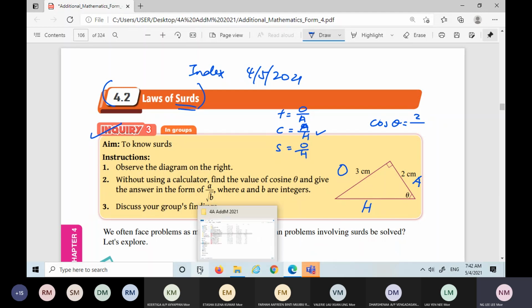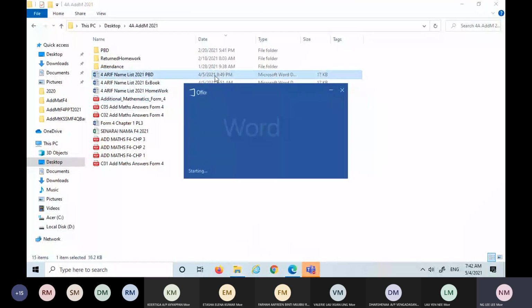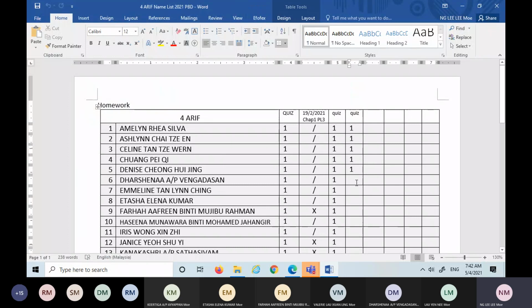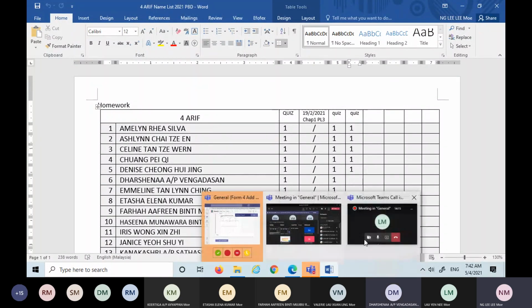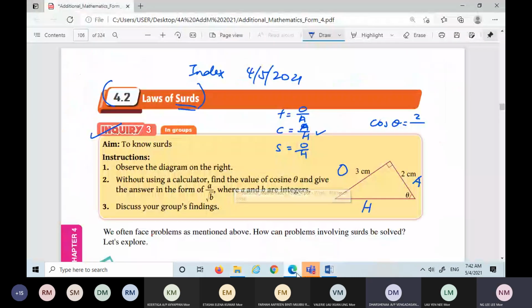Maybe we continue here. Can you help me tell me how to find the H?